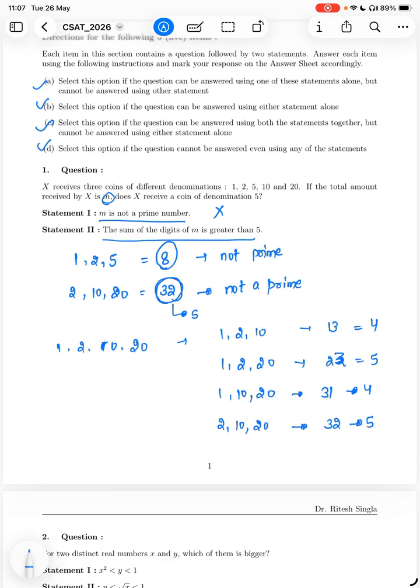So if we do not have a 5 rupee coin, no matter which denominations we have, the digit sum cannot exceed 5. But it is given that the sum of the digits of m is greater than 5. So it means that we have one coin of denomination 5.